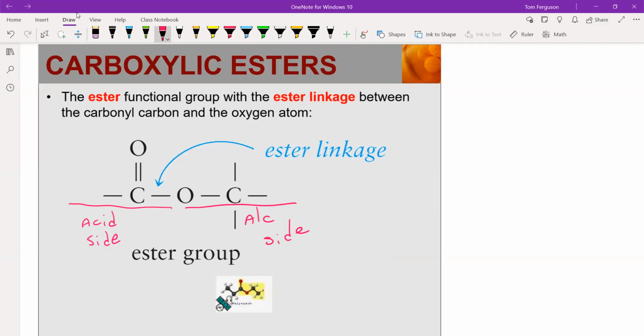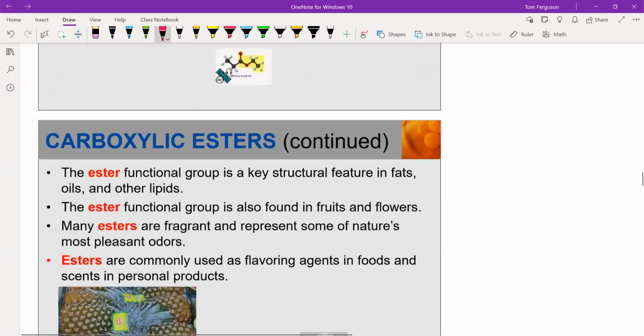Okay, the side with the carbonyl group is the acid side. And then the other side of the oxygen would be the alcohol side. And when we're naming these things, we have to talk about both the alcohol and the acid as part of the name of the ester.